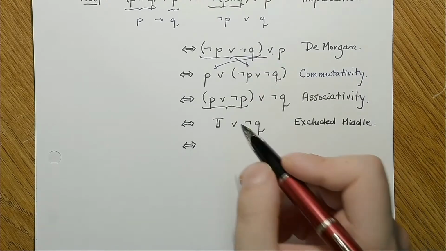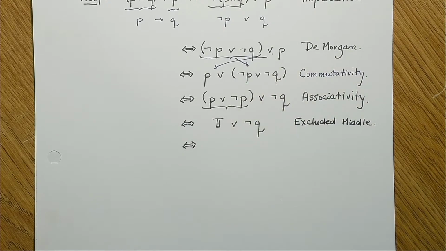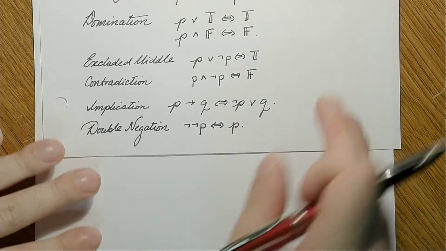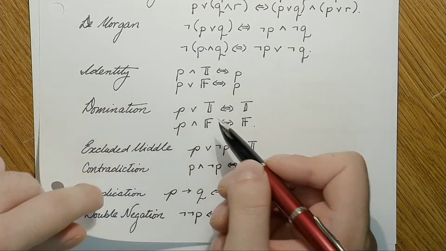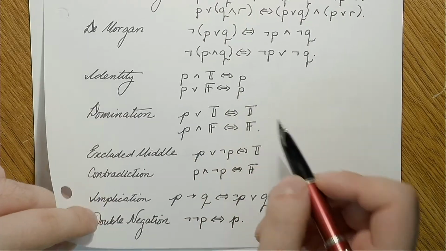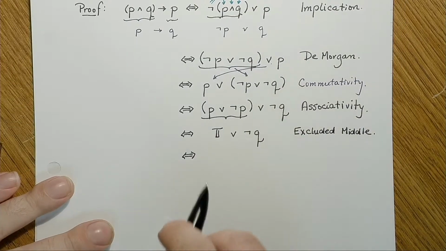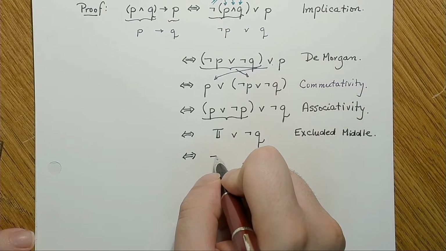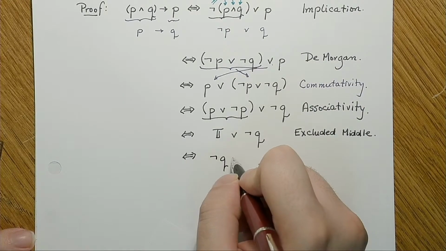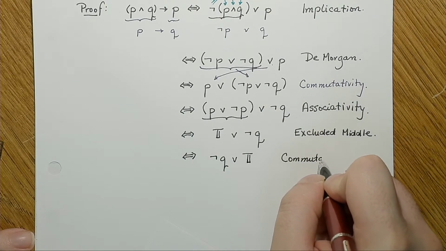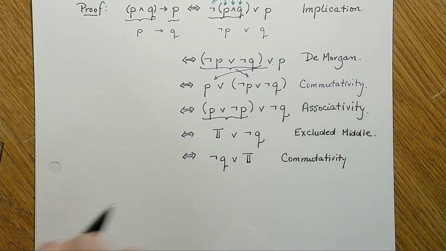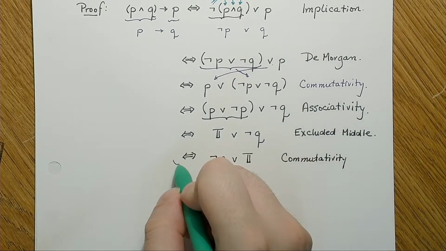Okay, and the last rule that we have to apply is the domination rule. So P or tautology is logically equivalent to a tautology. If I wanted to be strictly following that rule, I would again write it like this. This is the commutativity. But I will just kind of put this in a cloud.